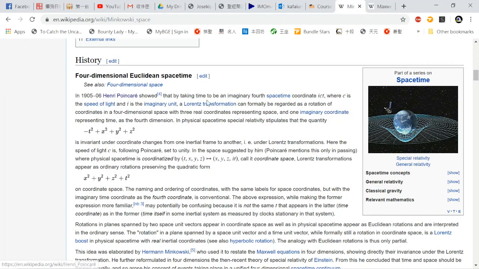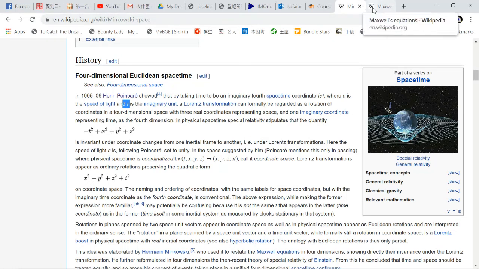He proposed, and as you remember, Einstein also proposed the special relativity in 1905, so roughly at the same year or 1 year later. He mentioned that the time would be the imaginary fourth space-time coordinate, ict. So c is the speed of light, i is the square root of -1. So you have x, y, z and also ict as the fourth space dimension.